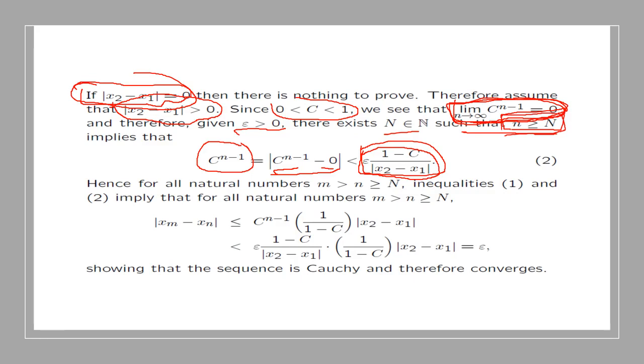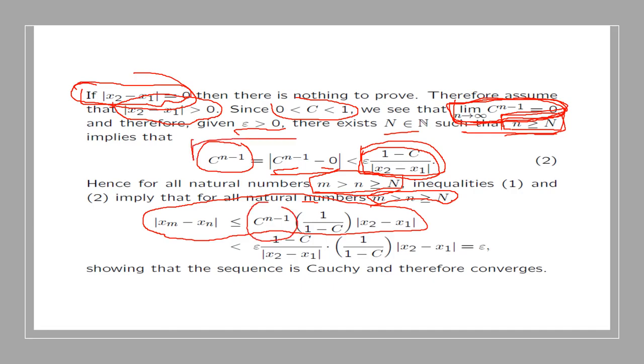And therefore, if small m and small n satisfy this property here, then we have this one from the previous page, which was inequality 1. And then because both m and n are bigger than capital N, we have that this one, from here, will be less than epsilon.